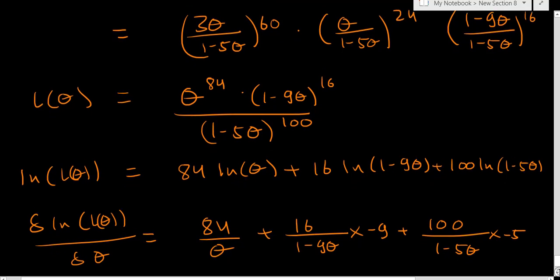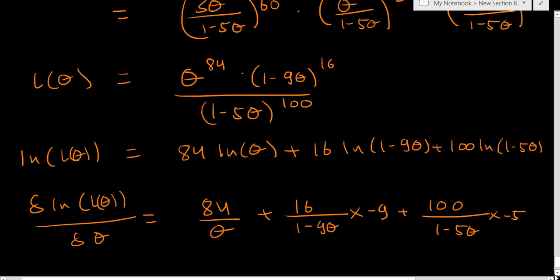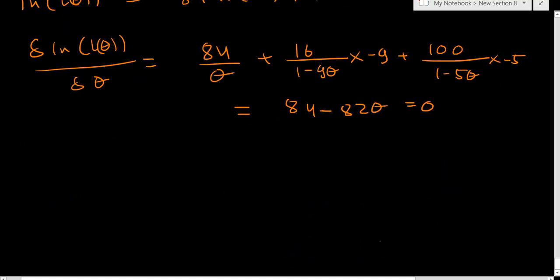So if you try and simplify these terms, and I am writing the result directly for you, you can simplify them. If you take an LCM, eventually what you will get here is 84 minus 820 theta is equal to 0. I simplified it and gave you the answer directly.